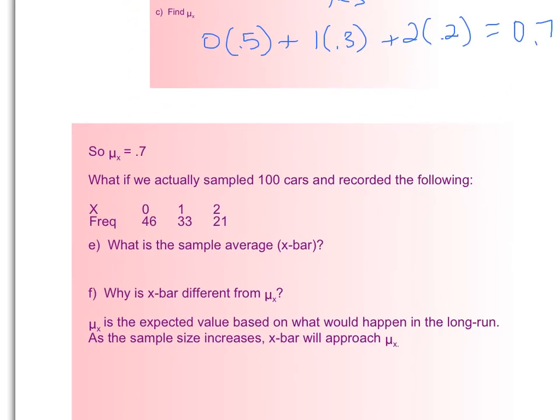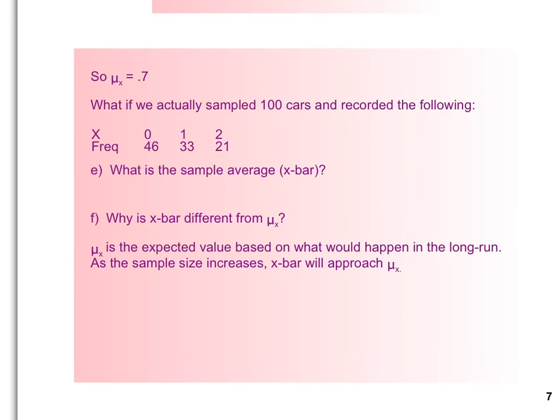Okay, so last slide, promise. So if the mean is 0.7, if we actually did a sample of 100 cars and found that 46 needed no headlights adjusted, 33 needed 1 headlight adjusted, and 21 of the cars needed 2, so we could change those to decimals, 0.46, 0.33, and 0.21, since it's 21 out of 100 cars, what would the sample average be?